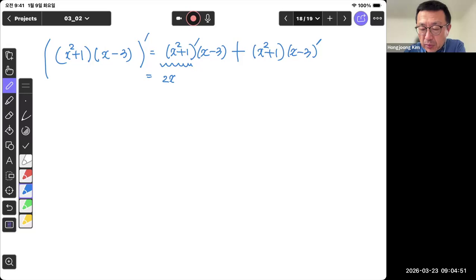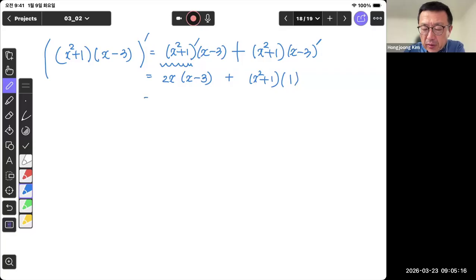So this 2x is multiplied by x minus 3. And then the next term is x squared plus 1 without differentiation. And then you differentiate the second term. So if you differentiate x, you get 1. If you differentiate negative 3, you get 0. So the derivative of x minus 3 is just 1.